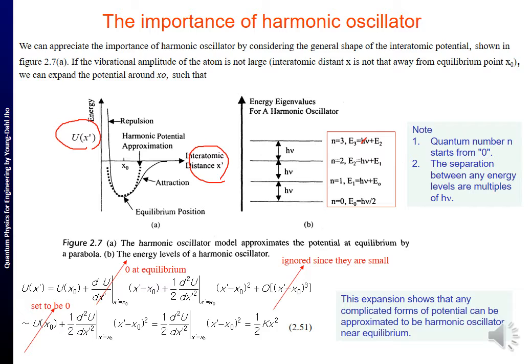So here let's say we have potential shape U drawn by this solid line. If U is positive, it implies there is repulsion between atoms. If U is negative, it implies there is an attraction between atoms. So nature prefers to be in the lowest energy position always. This is the lowest energy position.